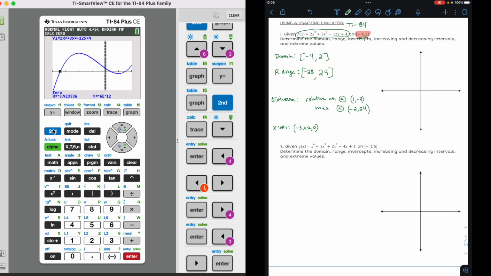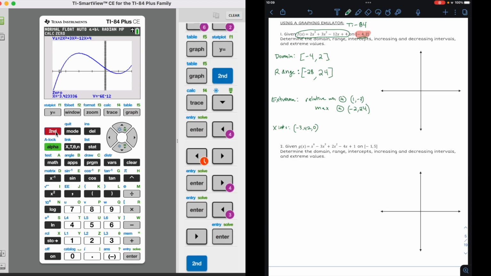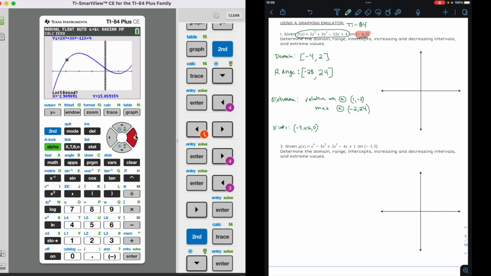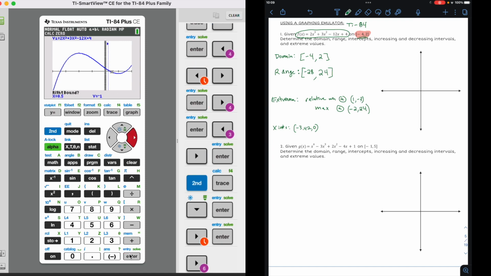Then let's calculate. Looks like we have 2 more over here. So we're going to go second calc, 0. I'm going to scroll on over. So we go left bound, right bound, and right where we guess. So this time we have 0.37. Again, that's probably an approximation.